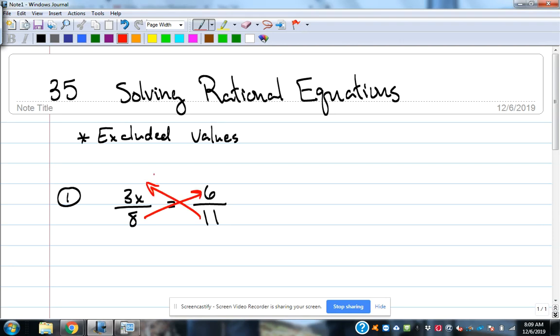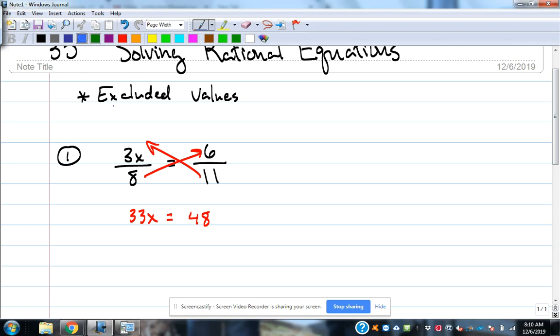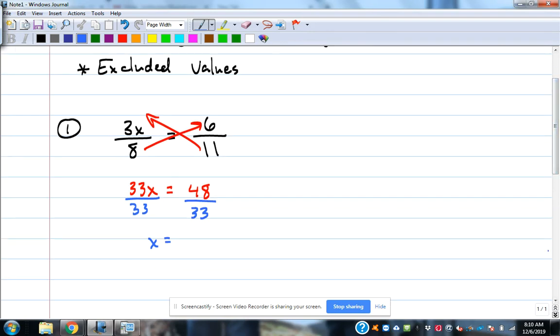So you cross multiply. 8 times 6 is 48. 3 times 11 is 33. And then you would divide. If it's one fraction equal to one fraction, that's how you want to do it. And then reduce 48 and 33, 16 over 11.